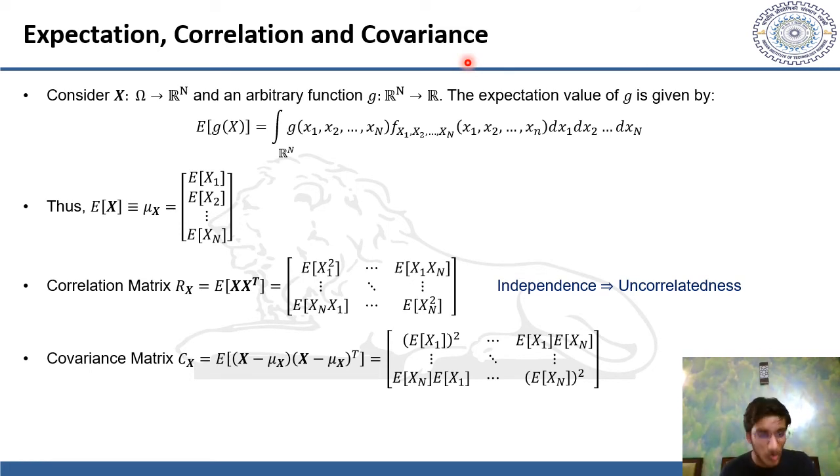Expectation, correlation, and covariance. Consider a random vector which maps from the sample space omega to the n-dimensional real space, and an arbitrary function g which maps from the n-dimensional real space to the one-dimensional real space. The expectation value of this function g is then given by E of g of x, which is equal to the integration of g times the probability density function over the n-dimensional real space.